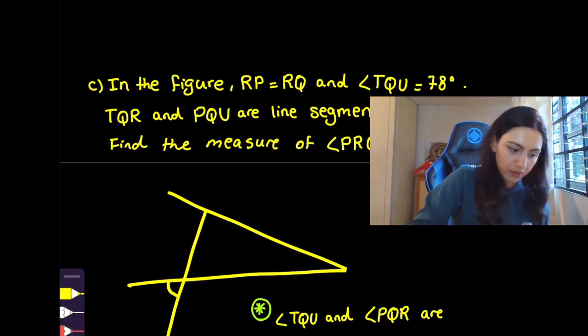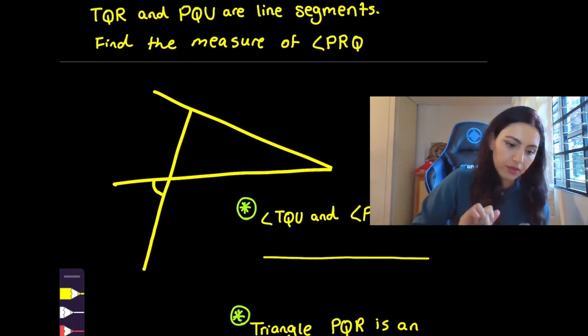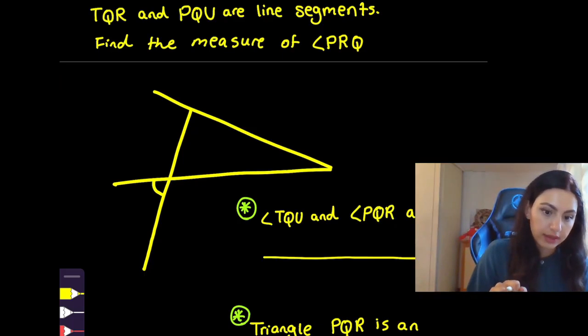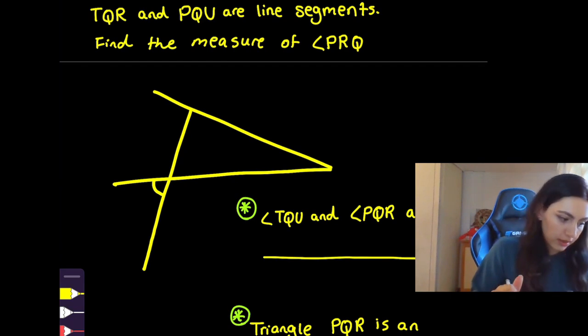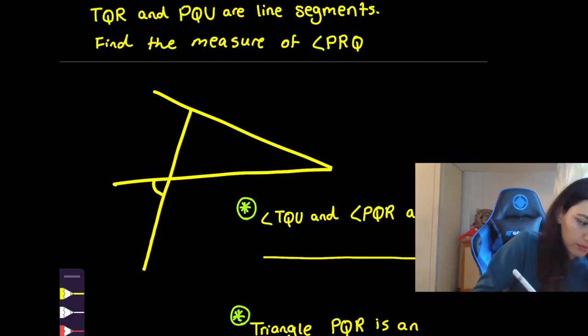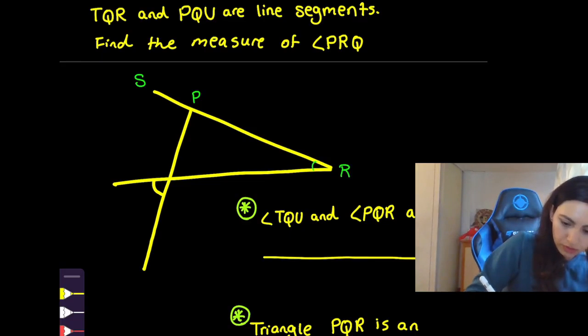Okay, going to do part C, which is the last part in this specific lesson. In the figure, I'm going to have to label my shape. This is S, P, R. This is Q here. This is given. This angle is given as 78 degrees.